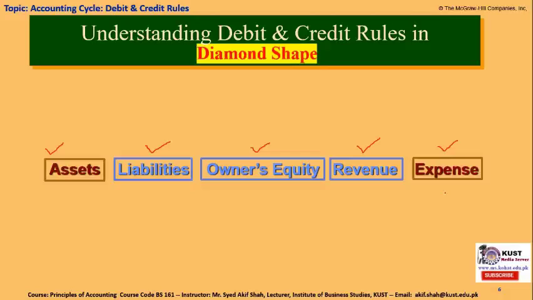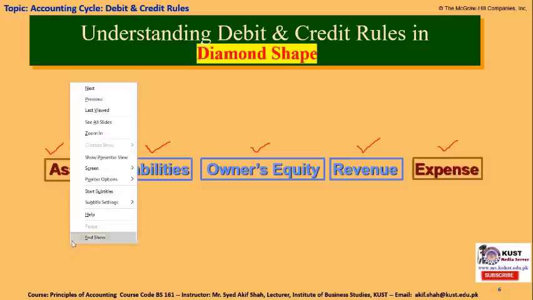So what do the debit and credit rules state about these 5 main heads of accounts? We have to categorize those particular ledgers into either assets, liability, owner equity, revenue, or expenses. And then the second step will be to find out whether that particular head of account is increasing or decreasing.